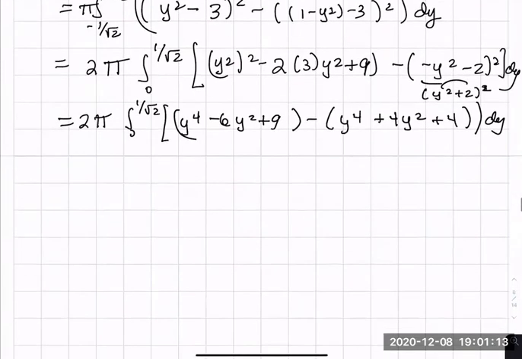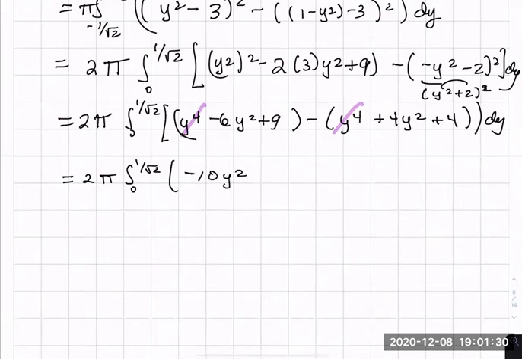Okay, but this makes 2 pi, 0 to 1 over rad 2. Y to the fourth minus the y to the fourth will cancel. And so I'll get negative 6y squared minus 4y squared makes negative 10y squared. Then 9 minus 4 makes 5.